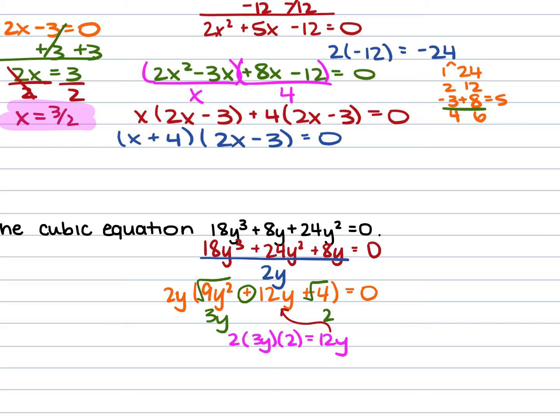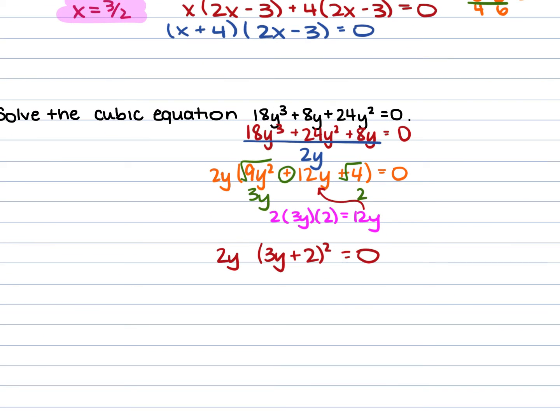So this is a perfect square trinomial. You would just have the 3y plus 2 squared in order to factor it. Do you have to use that method? No. If you didn't want to use that method and you wanted to multiply the 9 by the 4, you get 36. You find the factors of 36 that add up to be 12. You can factor it that way as well.